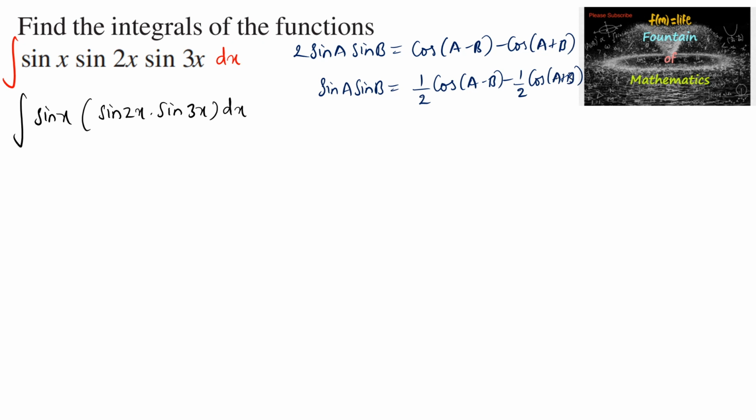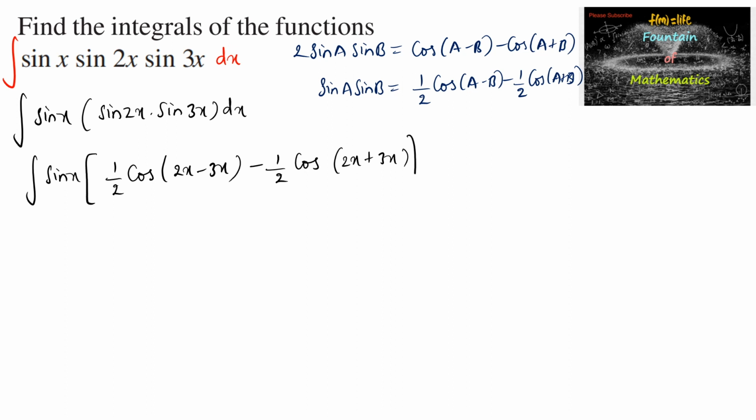So let us substitute here. We can write sin x into sin 2x sin 3x, we can write 1 by 2 cos of 2x minus 3x minus 1 by 2 cos of 2x plus 3x dx. On simplifying, 1 by 2 is common, I can take 1 by 2 outside.